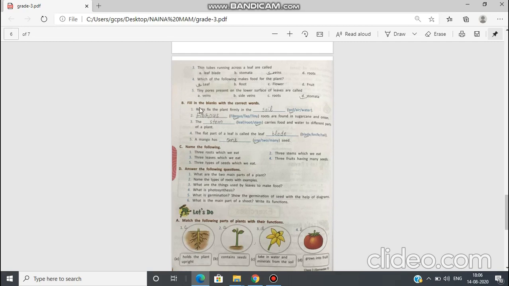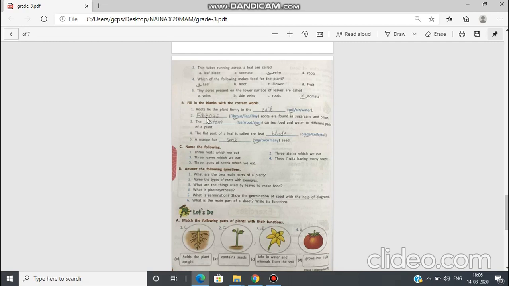Now, fill in the blanks with the correct answers. Roots fix the plant firmly in the dash. Soil, air, water. Which one is right? Right, soil.